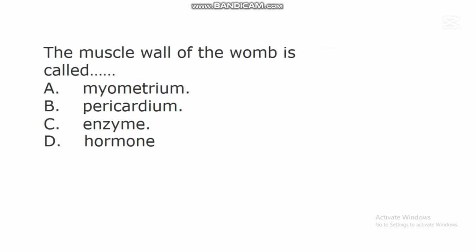The next question says, the muscle wall of the womb is called dash. A. Myometrium. B. Pericardium. C. Enzyme. D. Hormone. In this question, the correct answer is A. Myometrium.